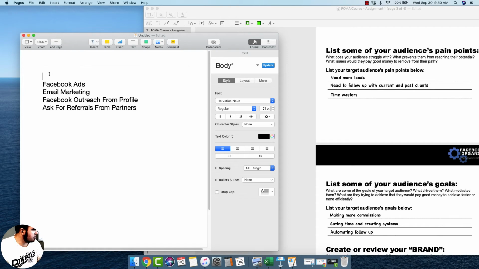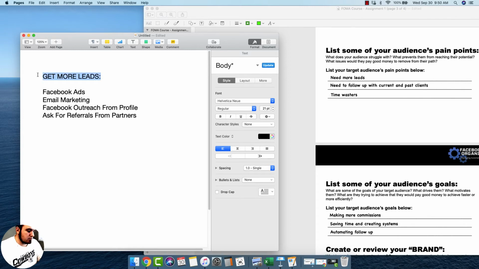So let's do this. So that's how they can get some more leads. They could also create a website or a funnel. And then we'll do follow-up here.